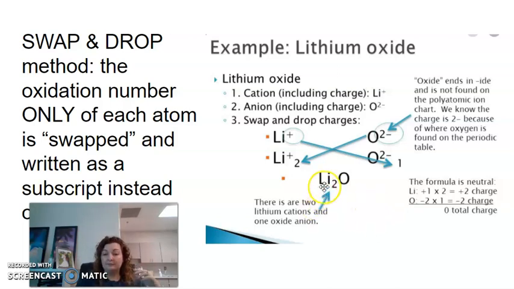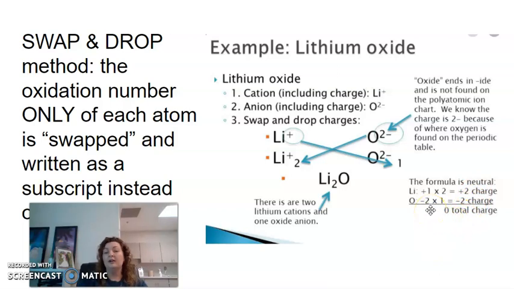So then you write it Li2O. The 1 is understood, right? I don't really have to write 1. We just know that there's a 1 there, just like in math class. And here's how we can calculate if it's neutral or not, in a different way. Your charges just have to equal 0.